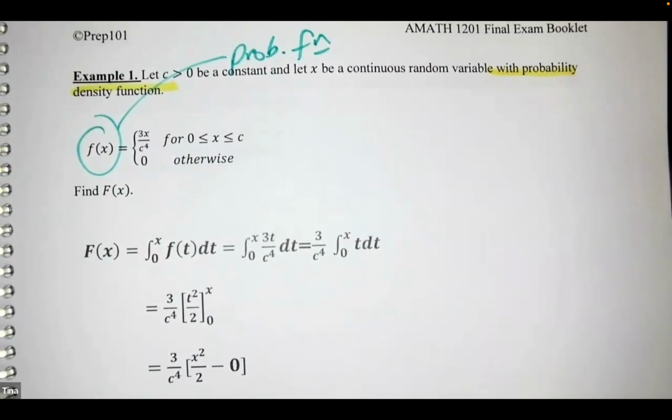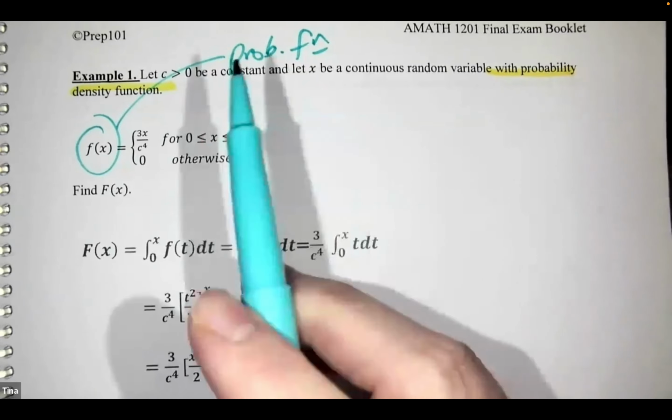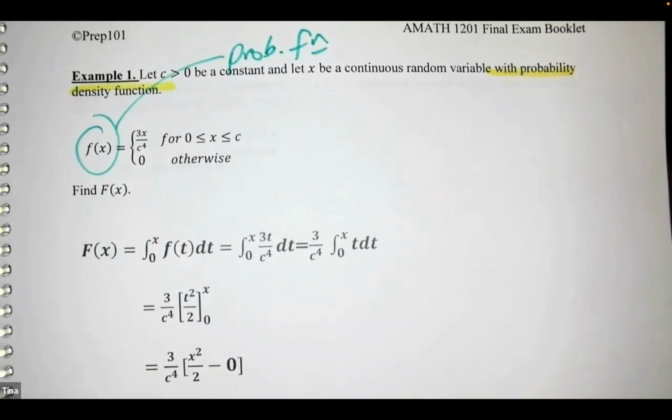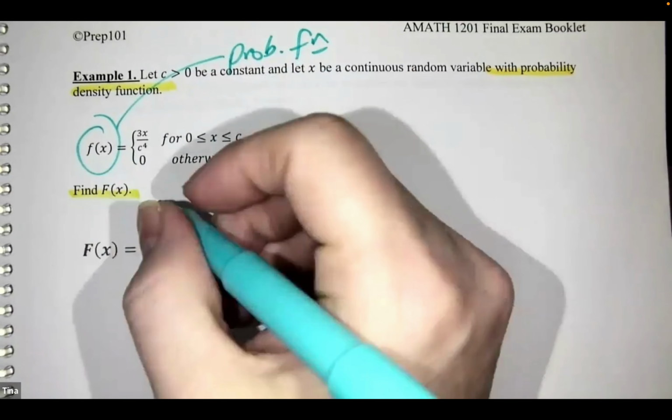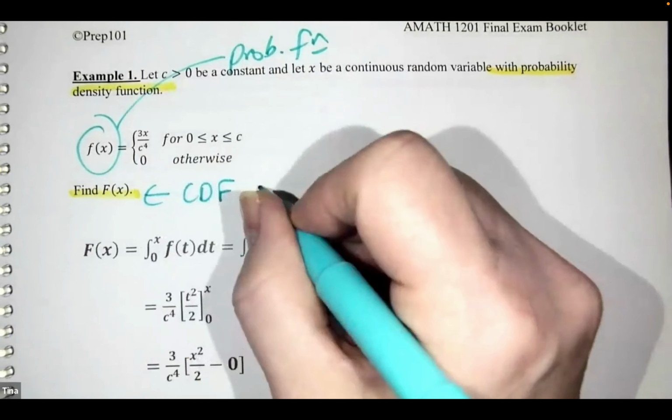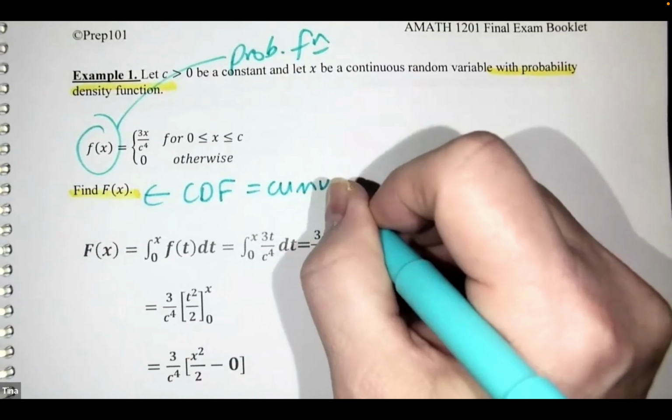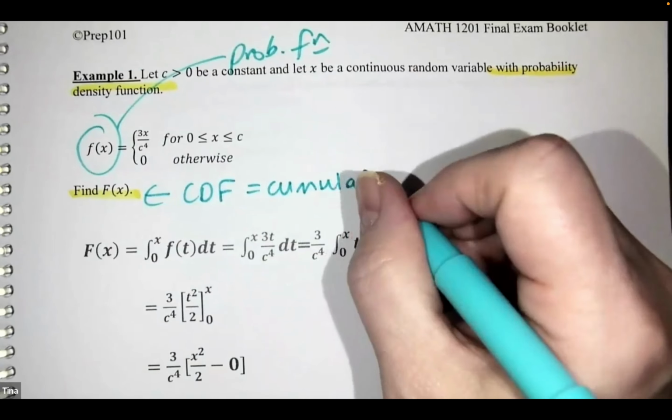It's not continuous. Continuous would be not cumulative, sorry, wrong C word. It would be cumulative, it would have to be a capital F. Okay, so here we want to find capital F of x, which means find the cumulative, right? Find the cumulative distribution function.